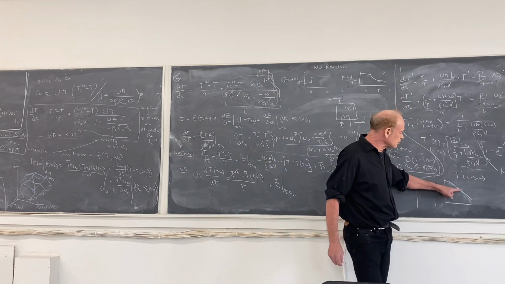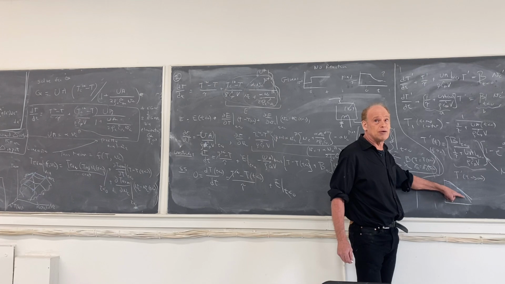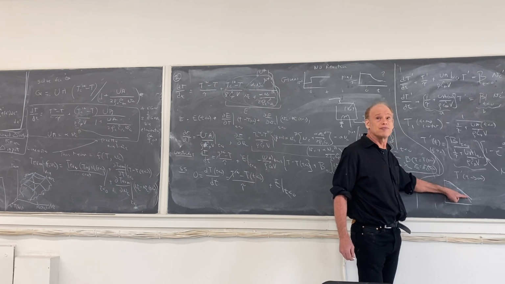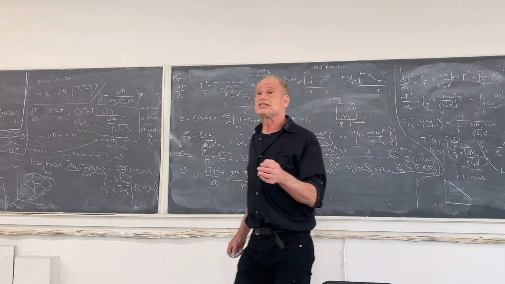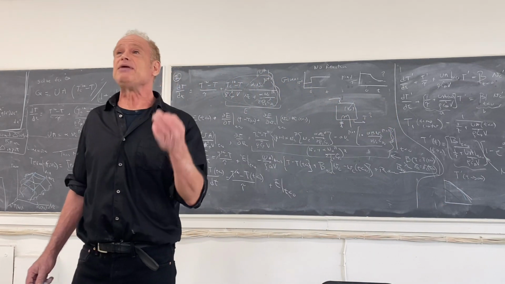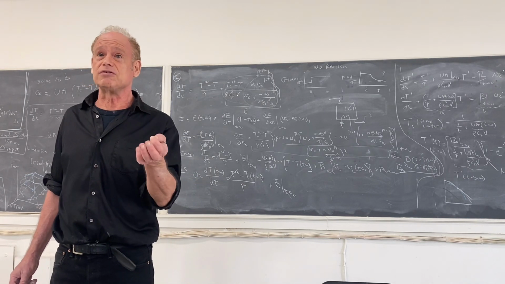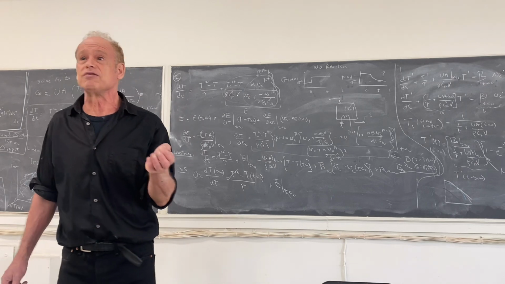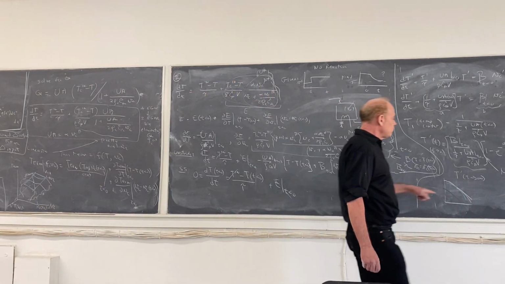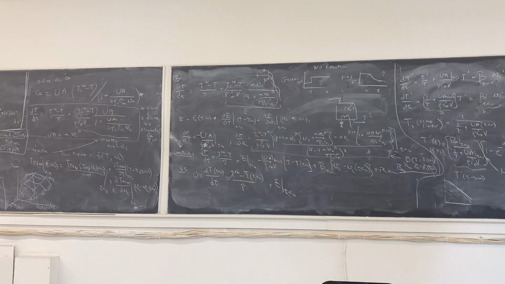Why is that? Well, this tells me that the derivative of the blue curve is changing faster than the derivative of the pink curve. If the derivative is changing faster, that means it has a bigger second derivative. That's exactly what the error term says.